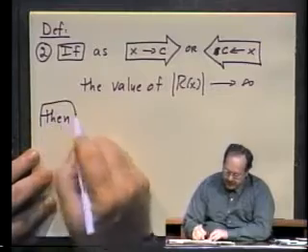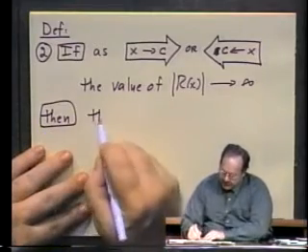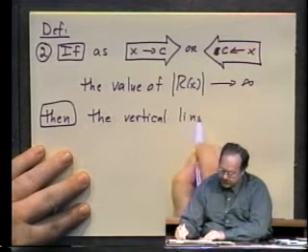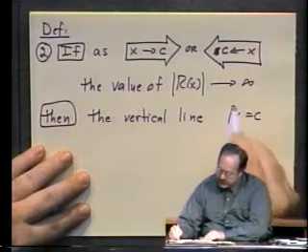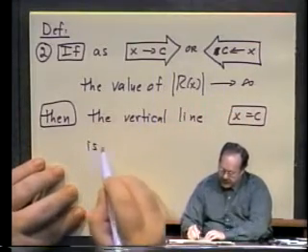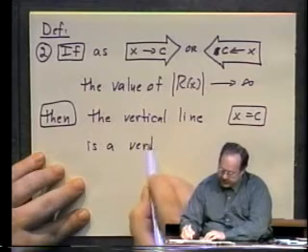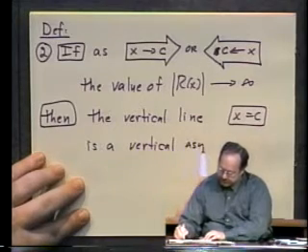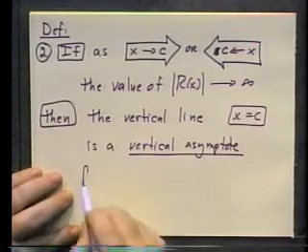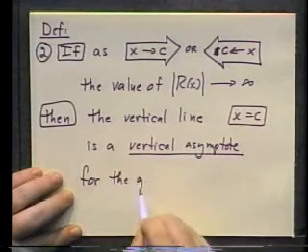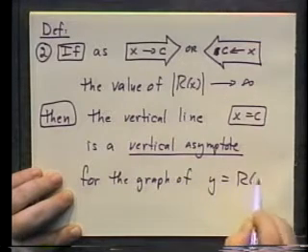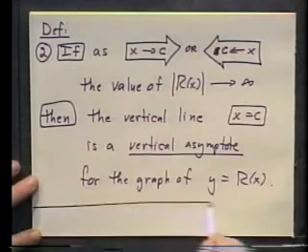then, if that happens, then the vertical line x equals c, the line that cuts right through that c value and is vertical, is what we call a vertical asymptote. Asymptote. There it is again. For the graph of y equals r of x, the same rational function that we've been looking at.